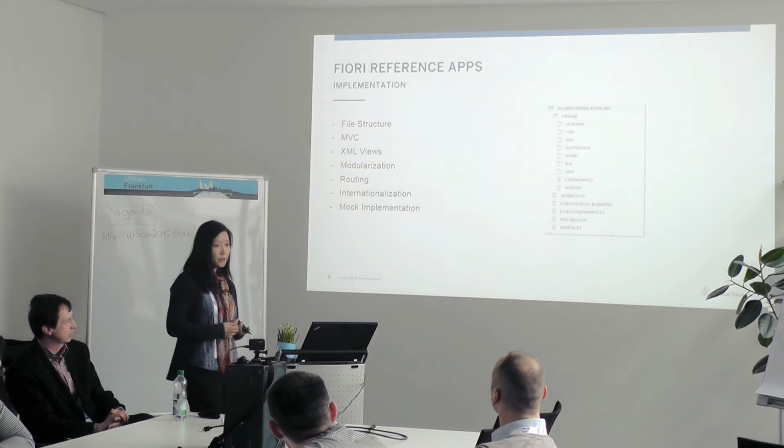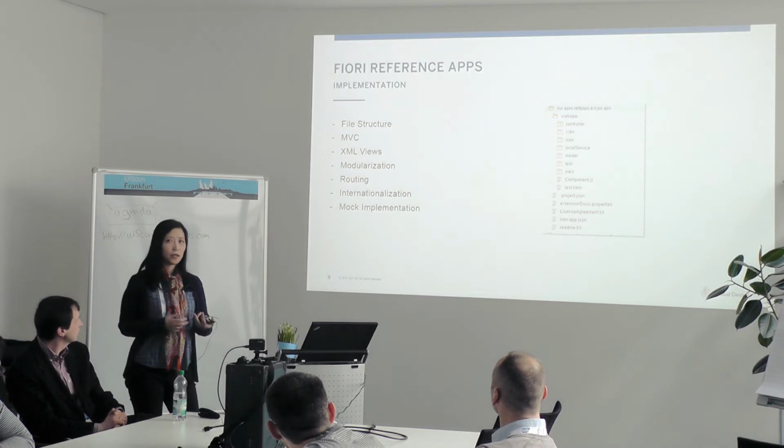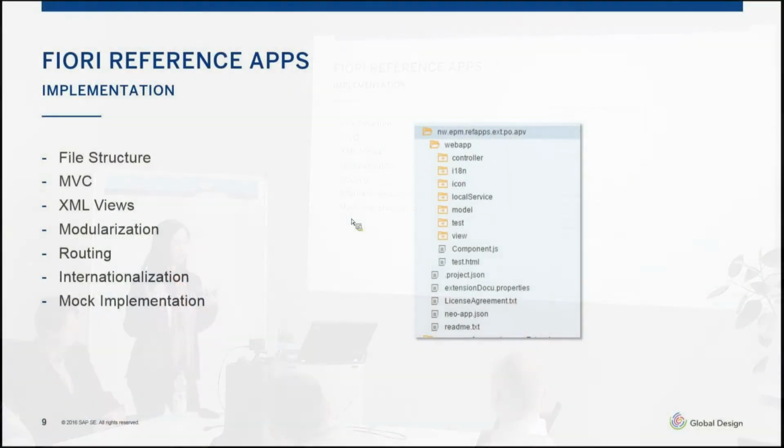Okay, now I want to go to the code live. We are both application developers, and we always need to think about how we organize our applications, from a small one to a big one, so we can later find which part is for the UI, and which part is for the data we get from the back end.